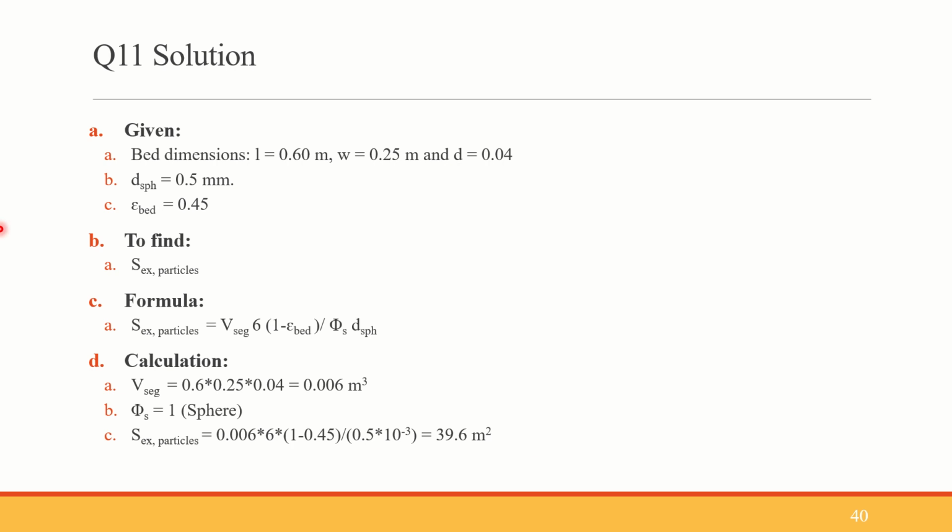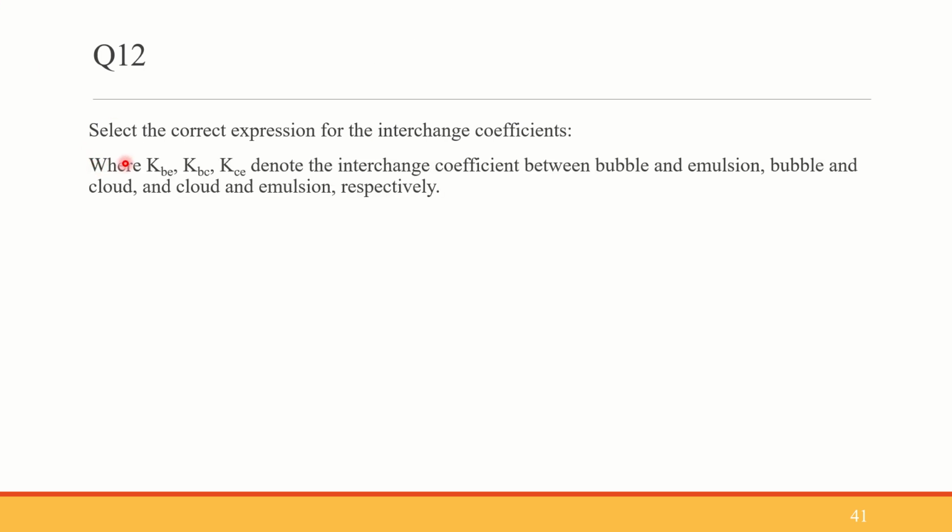So moving on to question 12, select the correct expression for the interchange coefficients, where KBE, KBC, KCE denote the interchange coefficients between bubble and emulsion, bubble and cloud, and cloud and emulsion respectively. Option A, KBE is equal to KBC plus KCE divided by KBC into KCE.